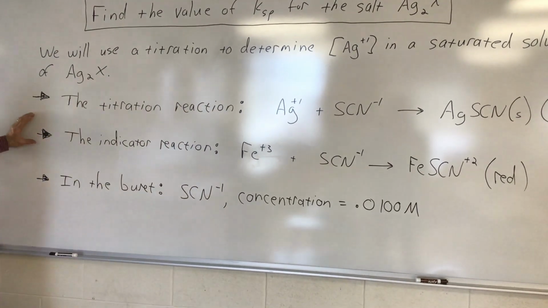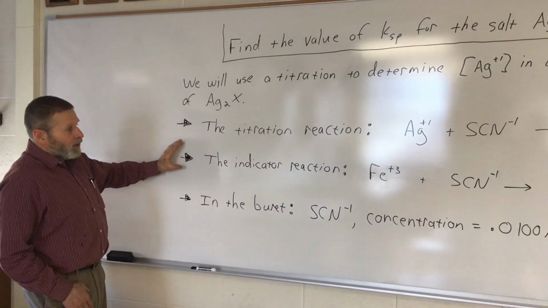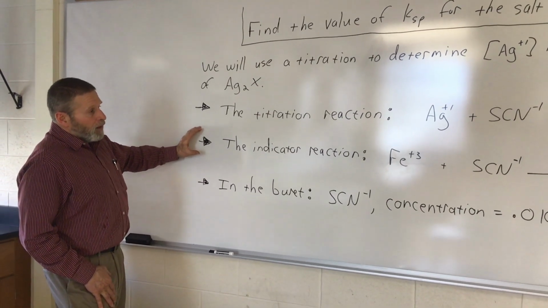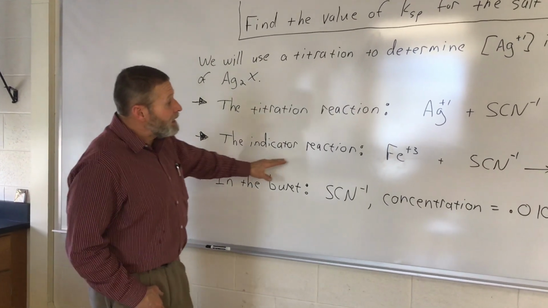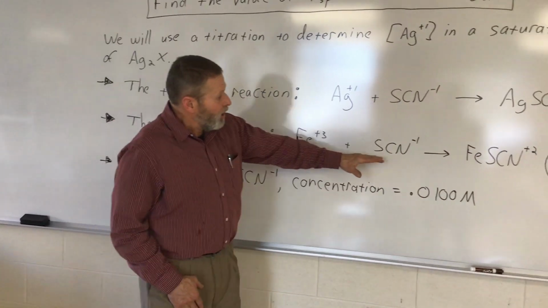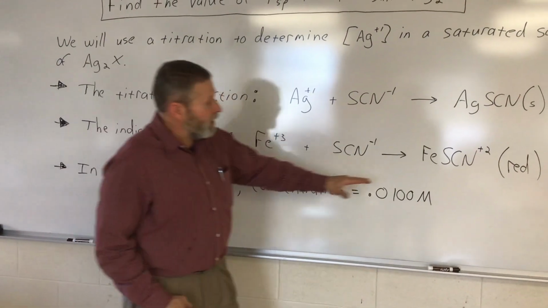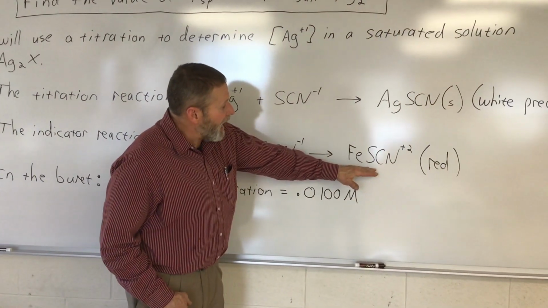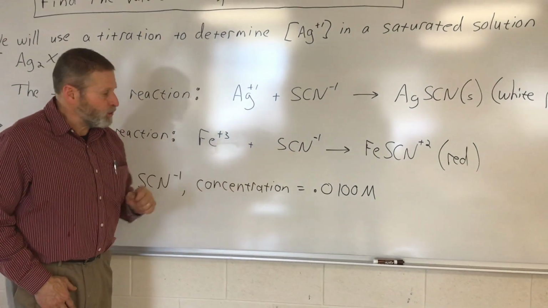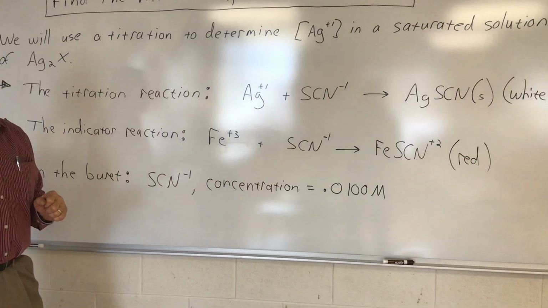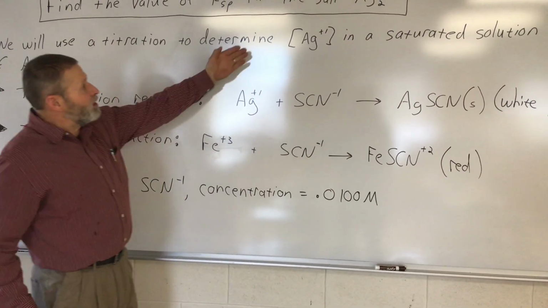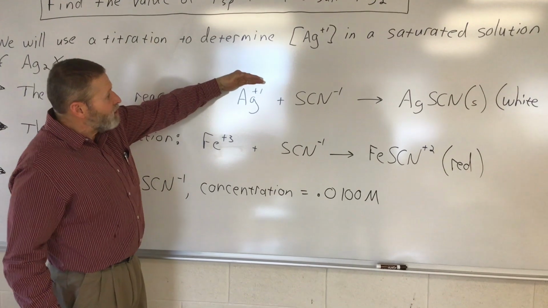To use as an indicator, we're going to have iron +3 ions. This is a different reaction, the indicator reaction. The iron +3, our indicator, reacts with SCN-1 to make an ion that has a brownish red color. You start out with your saturated solution of Ag2X that has silver ion in it.